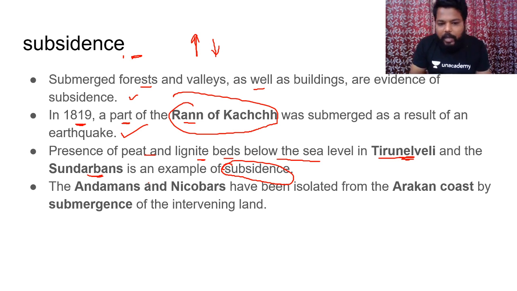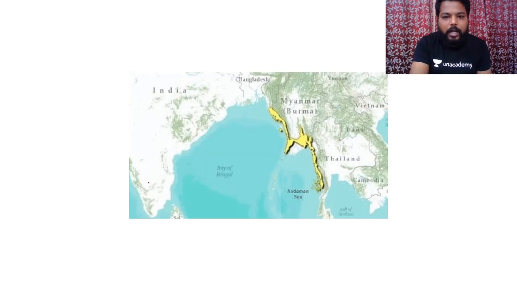Clear? These islands show submergence, and you can observe it in those regions. The Arakan Yoma submerged underwater, and then parts were elevated, and now we call them the Andaman Nicobar Islands. Clear?